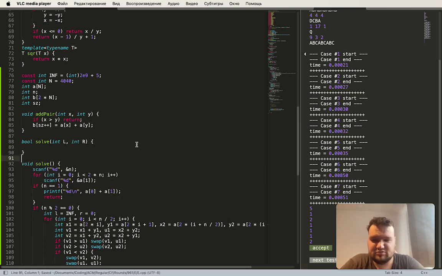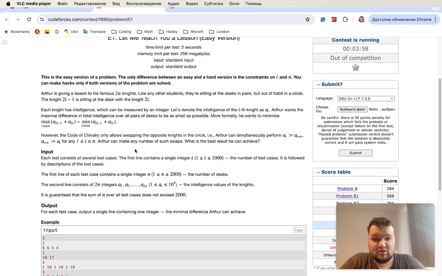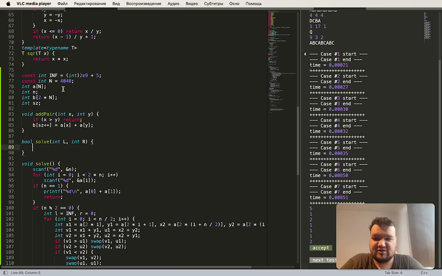Okay, now I want to check if it is possible to construct correct setting using only pairs with values from L to R.